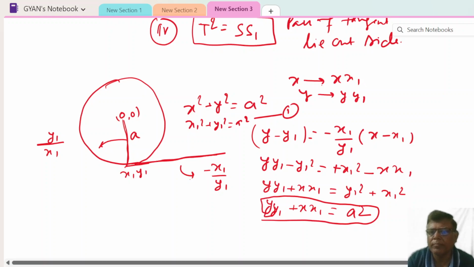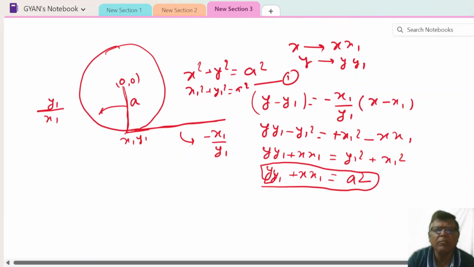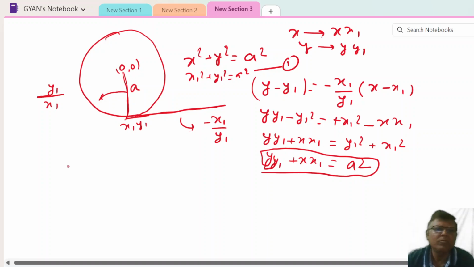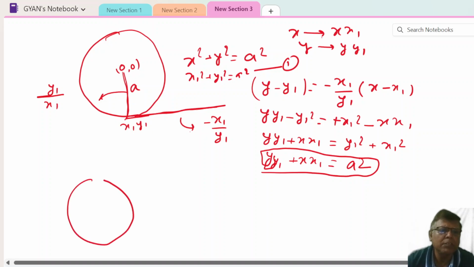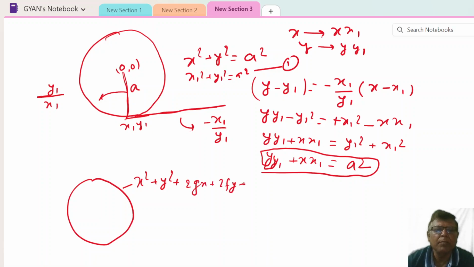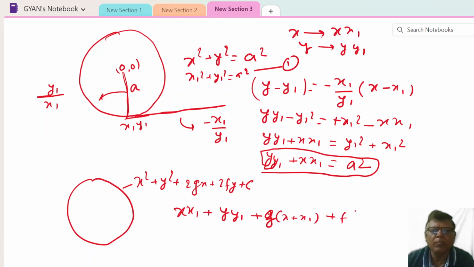Similarly, you can derive it for the general equation also. What is the general equation? x square plus y square plus 2gx plus 2fy plus c. For this also it will be xx1, you do it yourself: xx1 plus yy1 plus g(x plus x1) plus f(y plus y1) plus c.